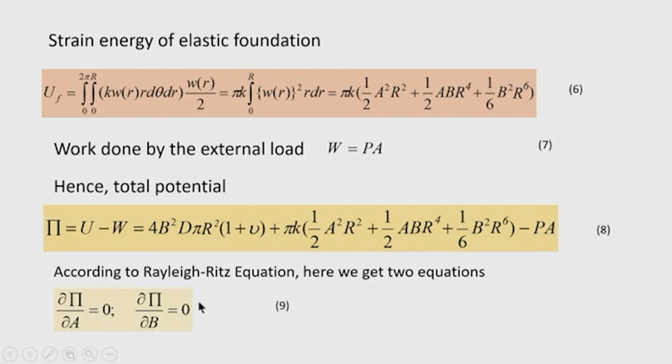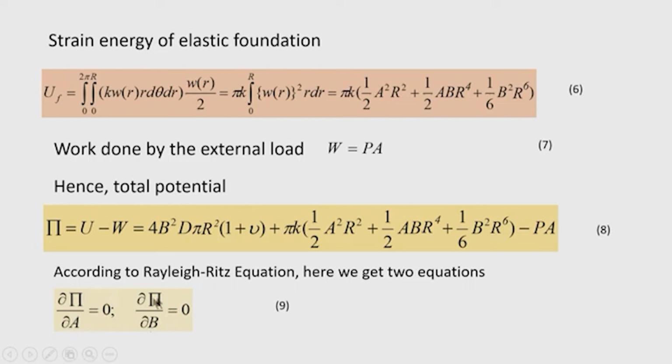Now, apply the Rayleigh-Ritz method. There are two constants involved, one is capital A and another is capital B. So, we differentiate the total potential pi with respect to A and equate to 0. Next, we differentiate total potential pi with respect to B and equate to 0.